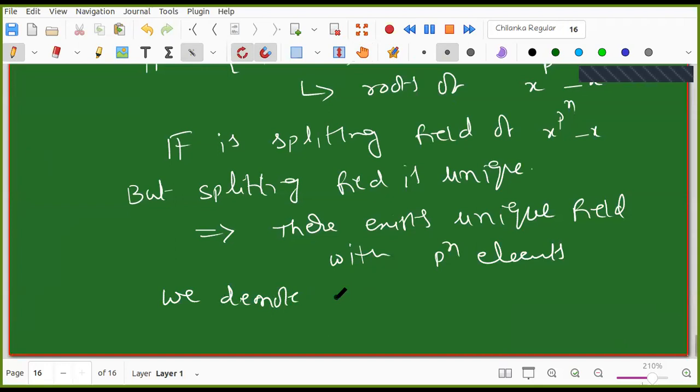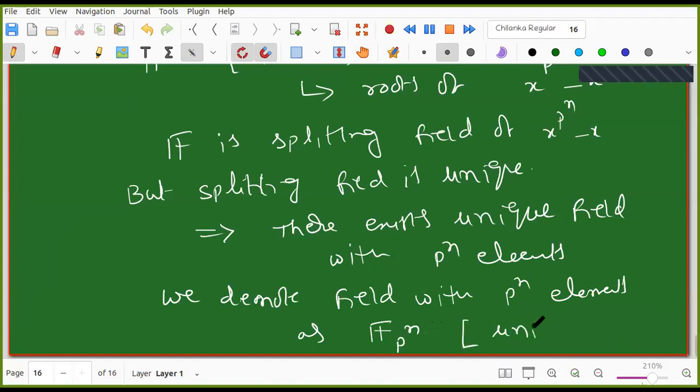We denote the field with p^n elements as F_{p^n}, because of uniqueness. Of course, uniqueness up to isomorphism.